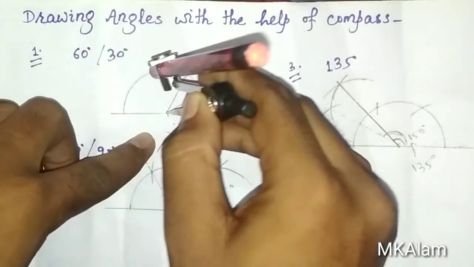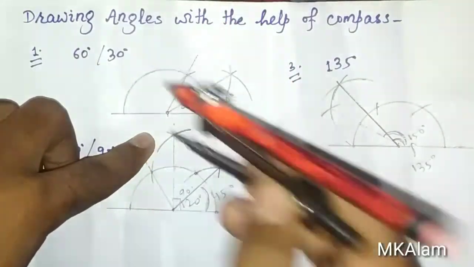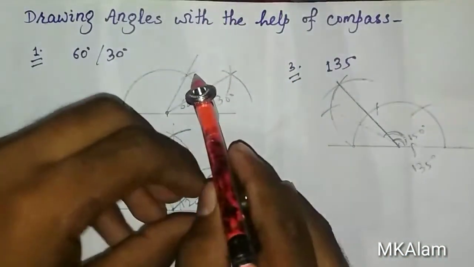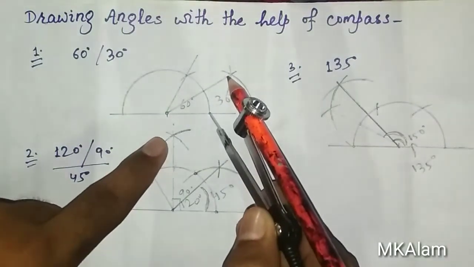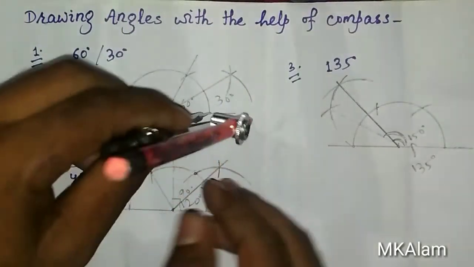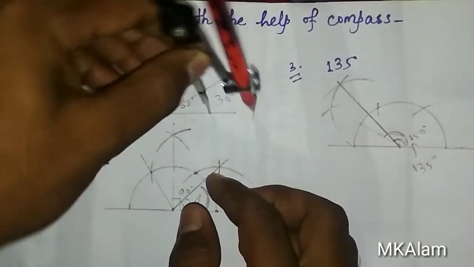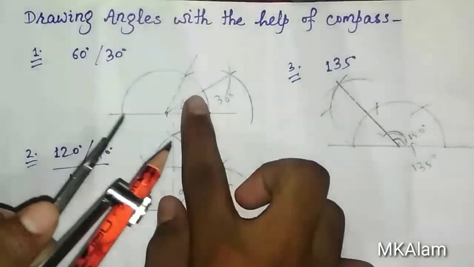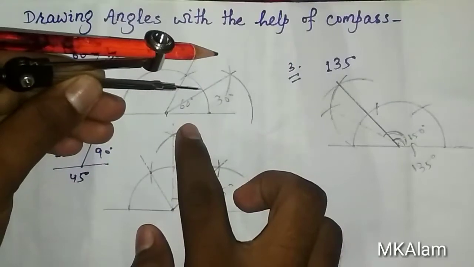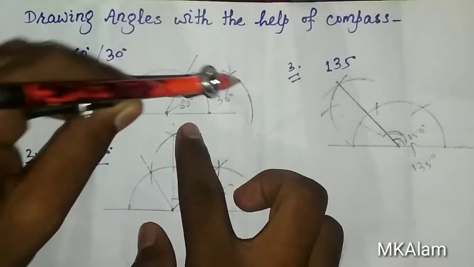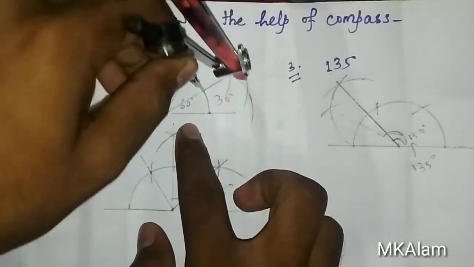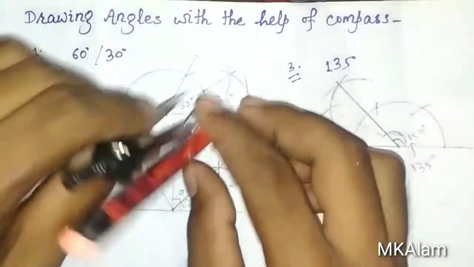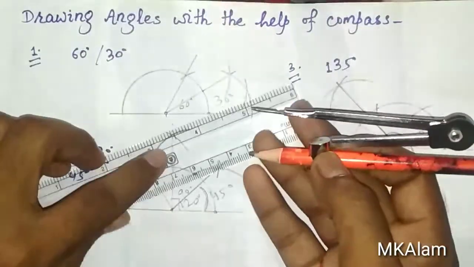Then you will have to do, I am measuring this, only one thing: your needle will be on this point, and you will have to take this arc, and after this your needle will be on this point. Then you put your needle on this point and cut this arc. Then you will get this angle, which will be 15 degree.